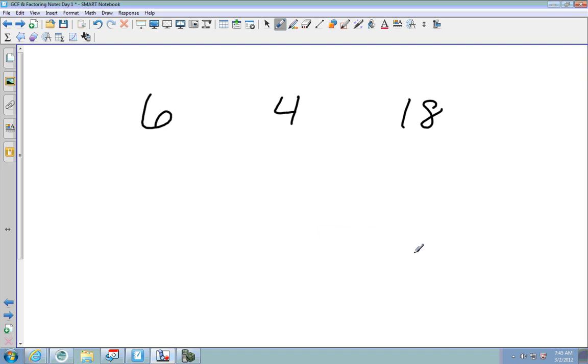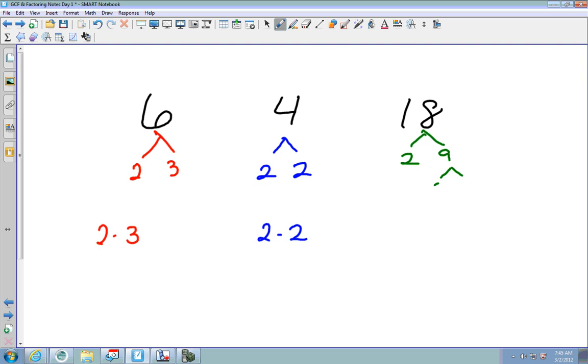Okay, now if you did it the way I've been doing it with the factor tree, 6 splits up as 2 times 3. 4 splits up as 2 times 2. 18 splits up, let's see, 2 and 9, 3 and 3. So you have 2 times 3 times 3.